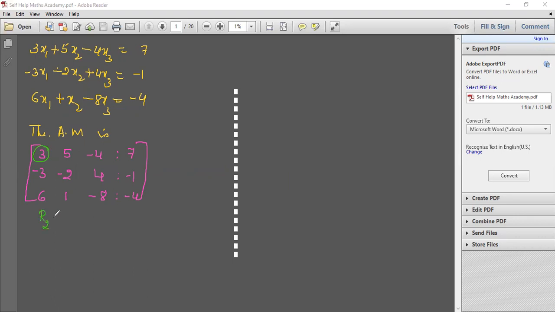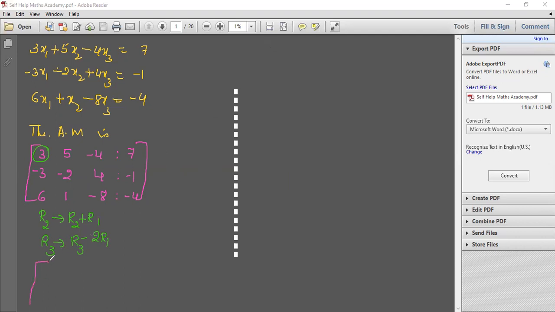R2 changes to R2 plus R1, because minus 3 plus 3 automatically makes it 0. Similarly, R3 changes to R3 minus 2 times R1. Let's do this row transformation.